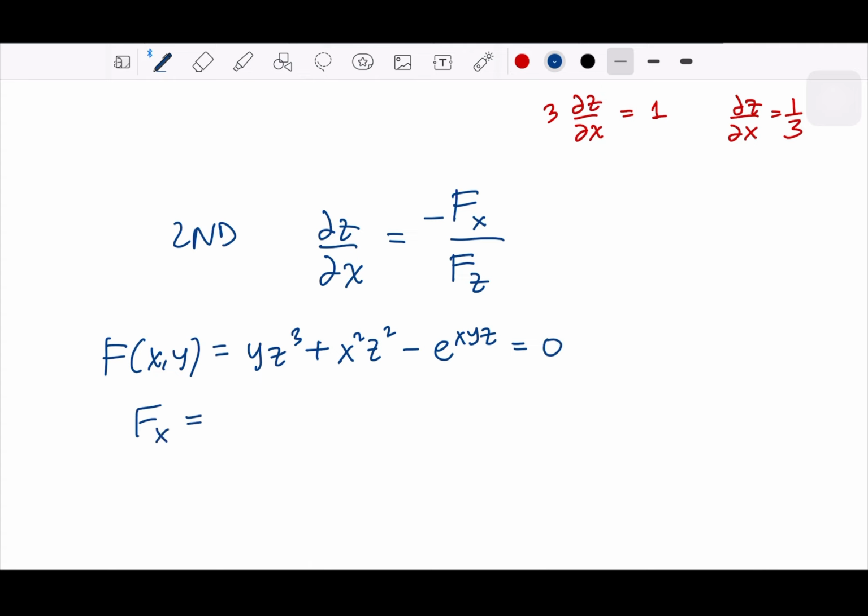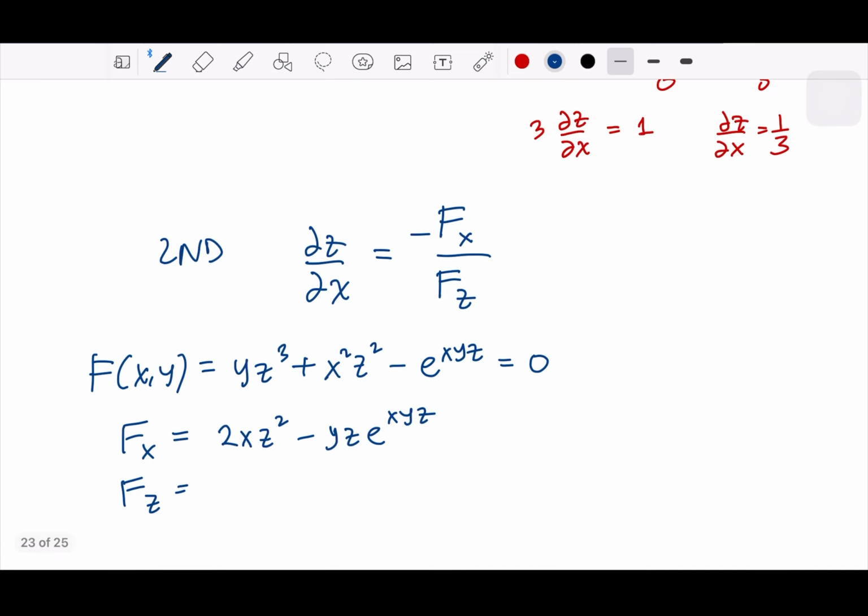The partial with respect to x is 2xz squared minus yz e to the xyz. The partial with respect to z is 3yz squared plus 2x squared z minus xy e to the xyz.